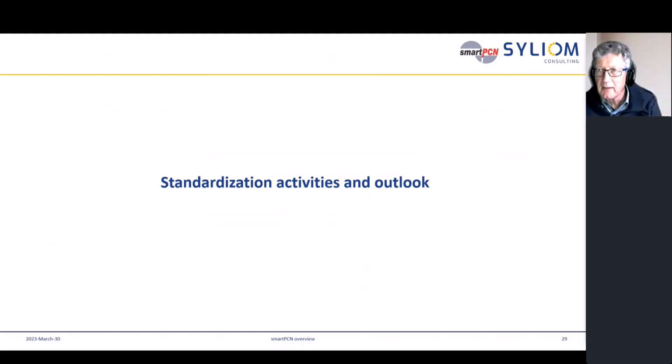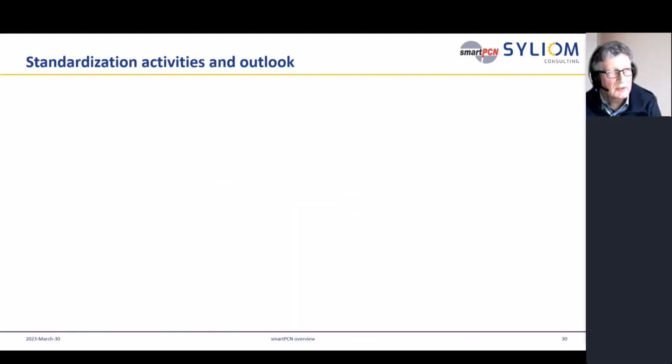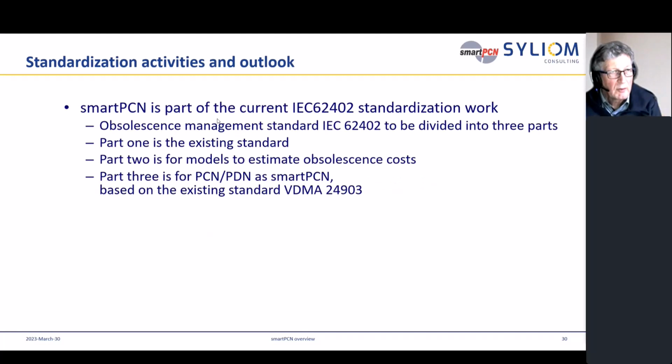So those are one of my last slides here, the standardization activities and outlook. smartPCN is part of the current IEC 62402 standardization work. This obsolescence management is to be divided into 3 parts. We have part 1, this is the already existing standard that will be reworked as well.